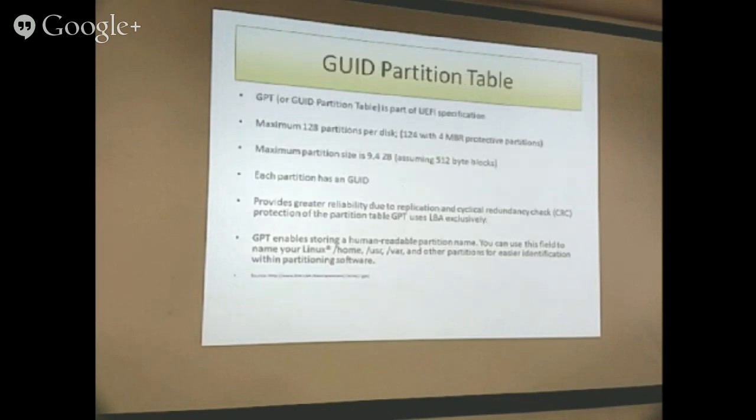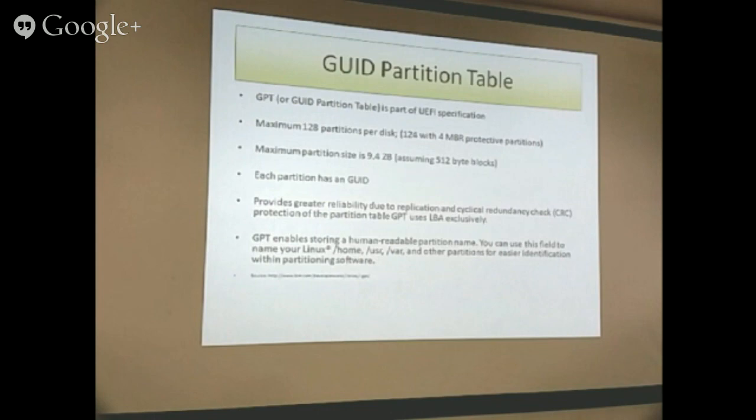So what's really great is that it is part of the UEFI standard, which of course seems to be coincidental in the two. You do have a maximum of 128 partitions on a disk, 124 actual with 4 MBR protective partitions for your standard MBR boot compatibility. And then you have your 9.4 zettabytes of space that you can allocate.